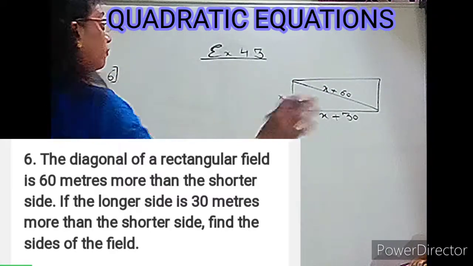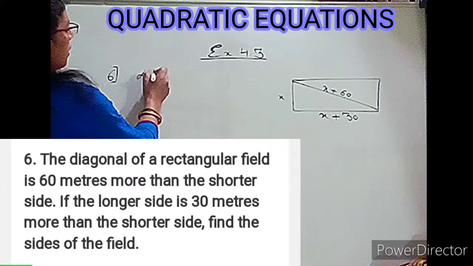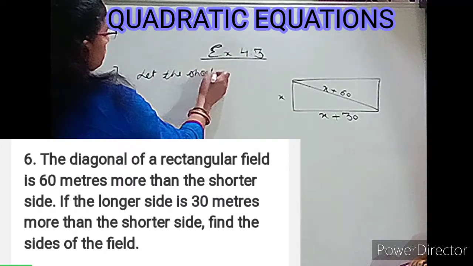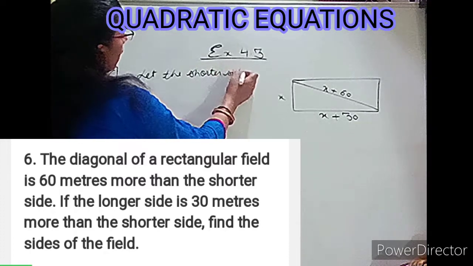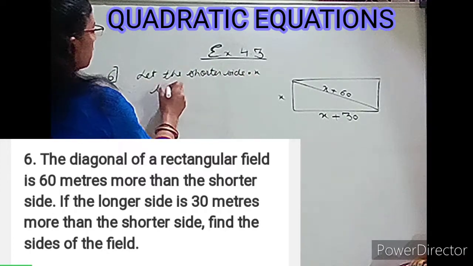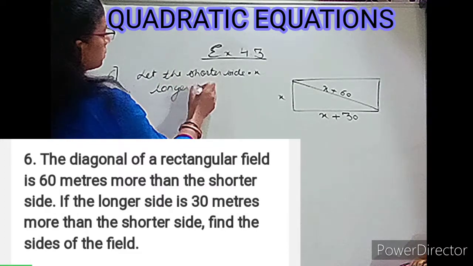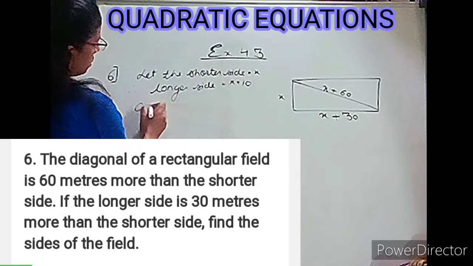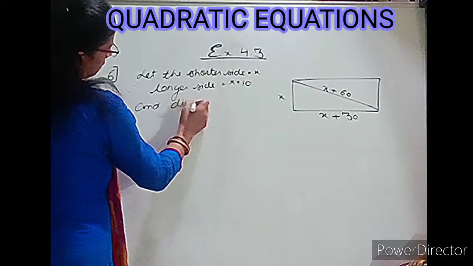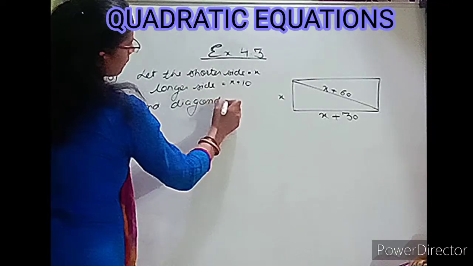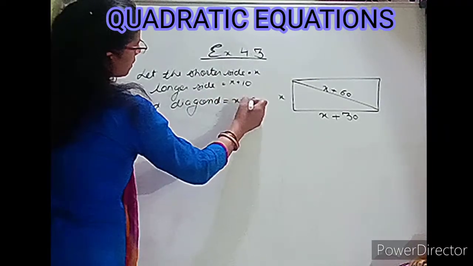So first, starting the writing method. Let the shorter side be x. Therefore, longer side is x plus 30 and diagonal is x plus 60.